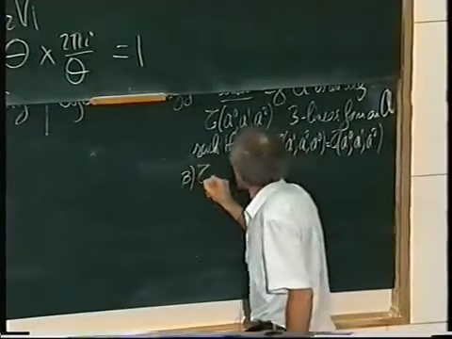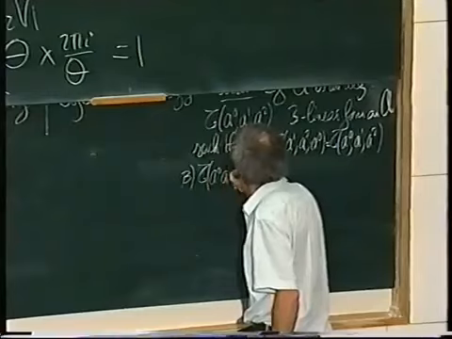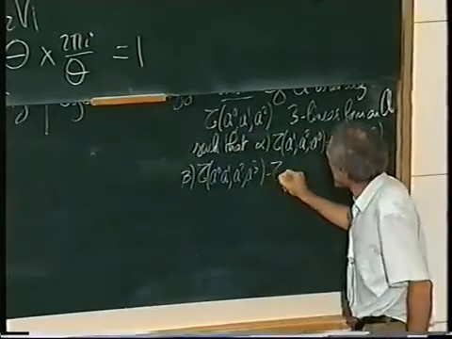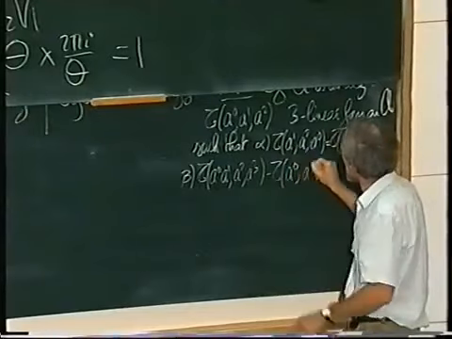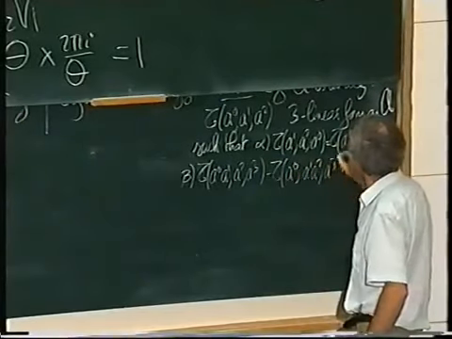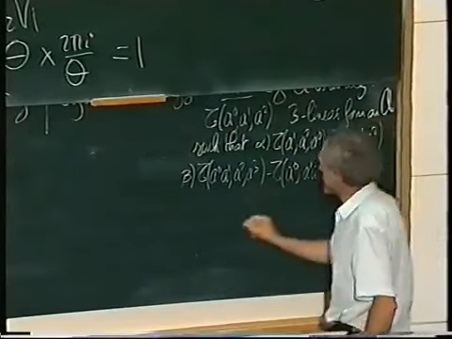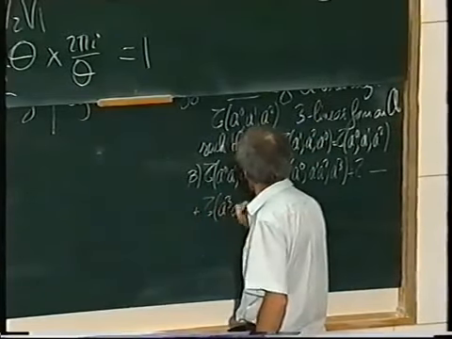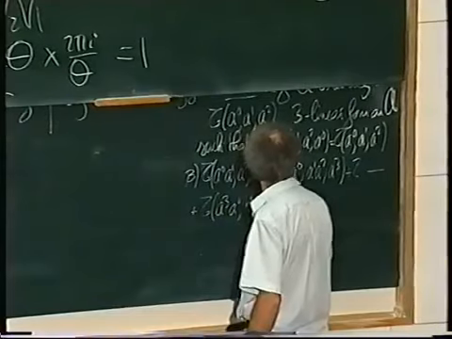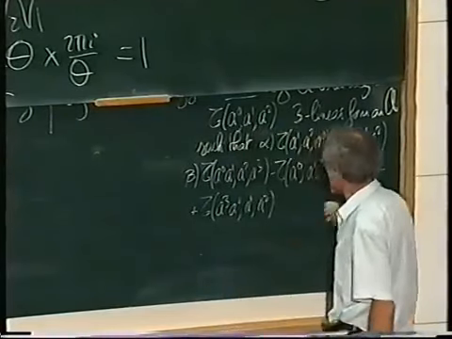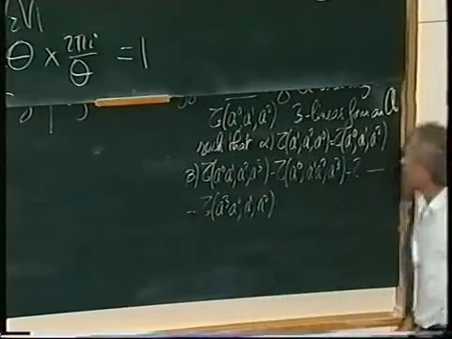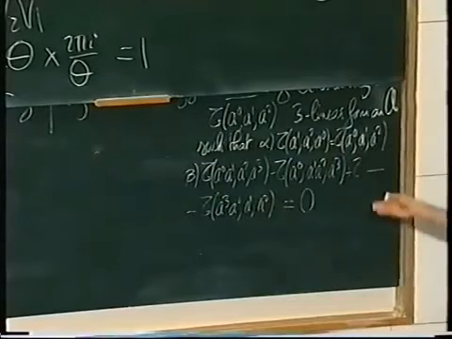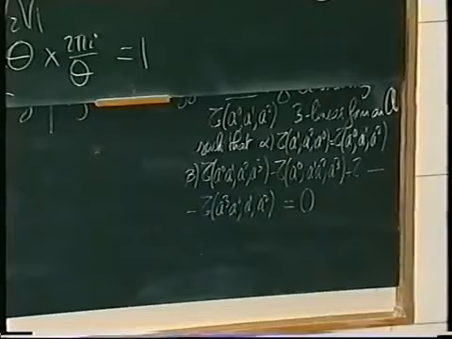So you have to write it as the following: τ(a0a1, a2, a3), then minus τ, now you put the contraction on the second term, and you keep going like that. The final term is the only one which is tricky. It is plus τ(a3a0, a1, a2). Plus or minus? No, it's minus. And now you require that this is 0. This is a trace condition. It's an obvious condition of cocycle flavor.